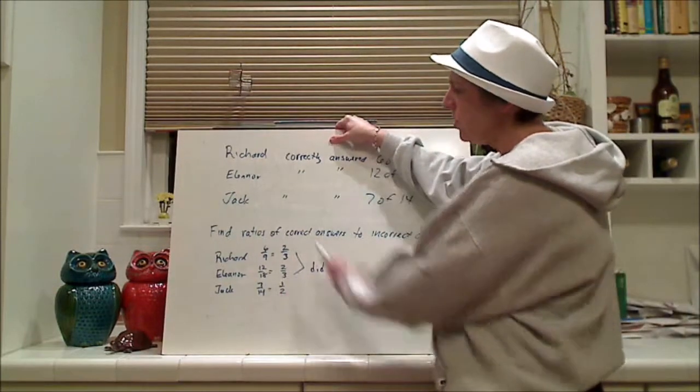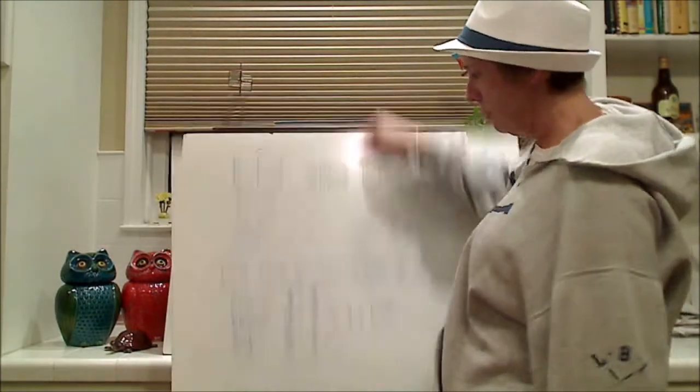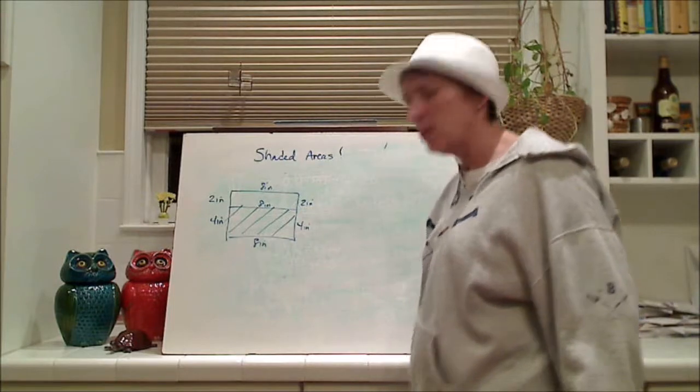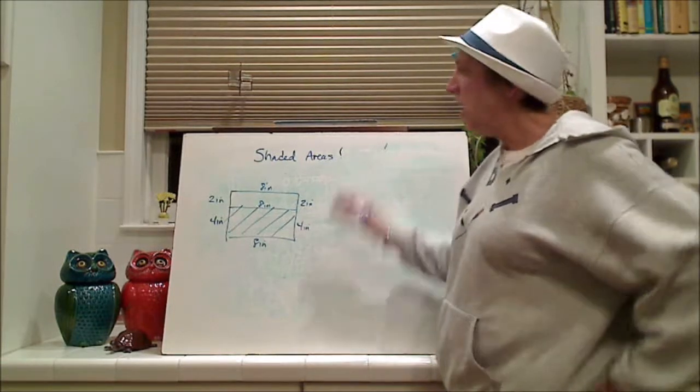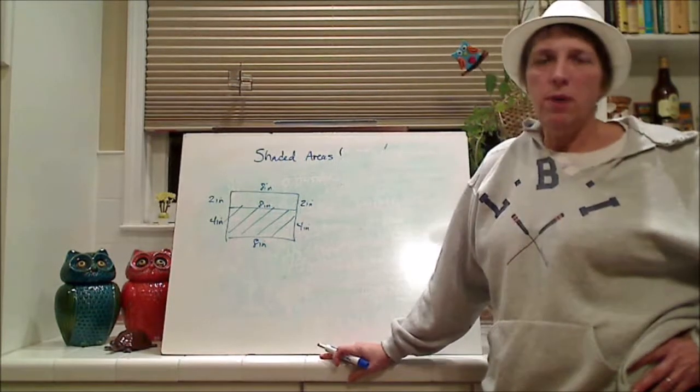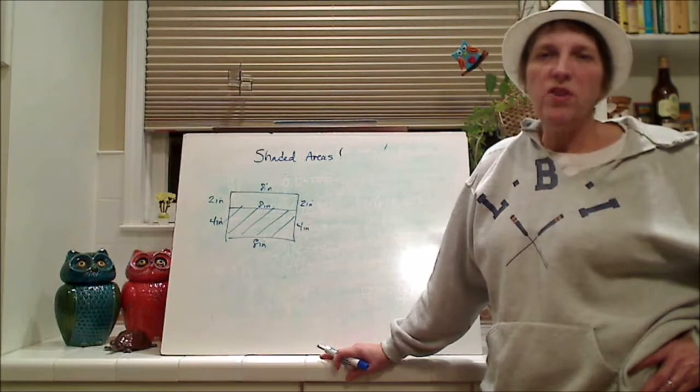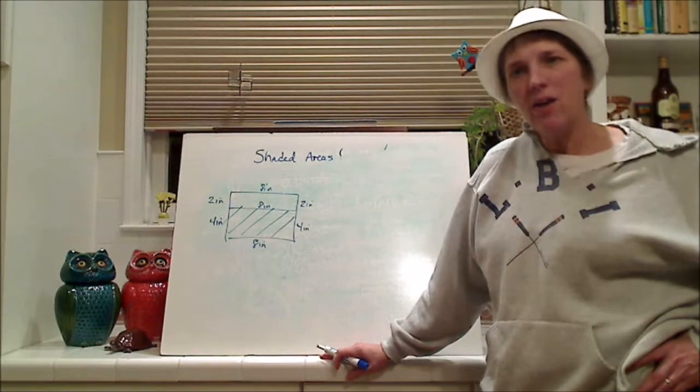Now you're just looking to see which one is the best. This next one confuses a lot of people: shaded areas. The question is going to be, what's the ratio of the shaded area to the entire area?